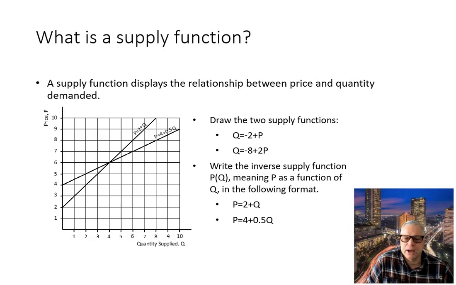So we want to isolate the price, and then I can just add on both sides plus 2, and then I get P equals 2 plus Q. So that would be the inverse supply function to the supply function Q equals negative 2 plus P. So that would be this function here.